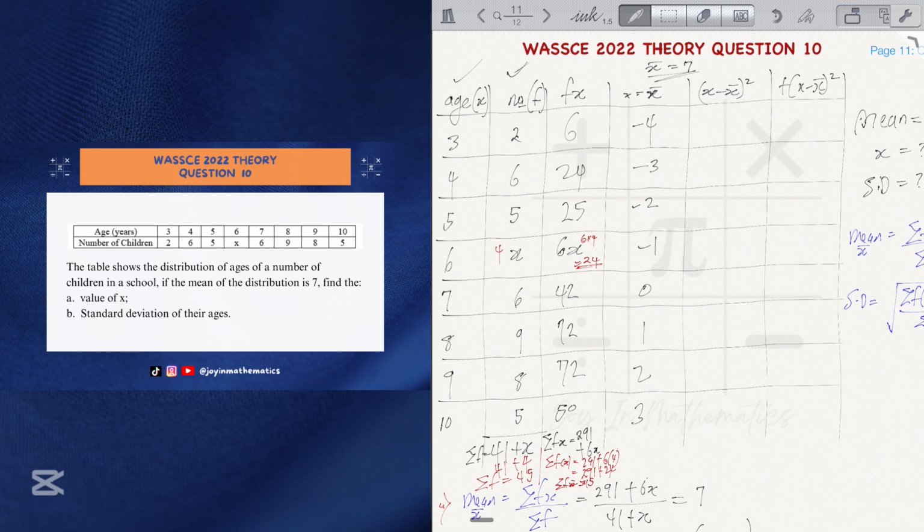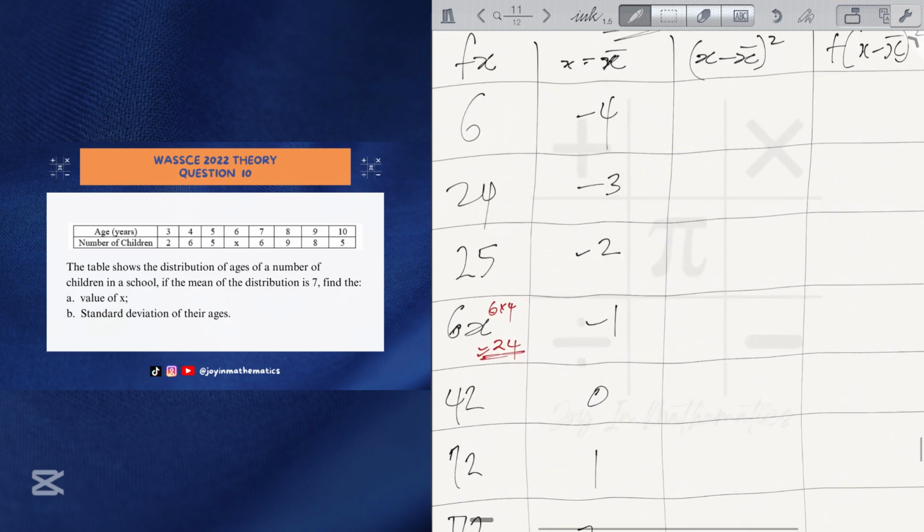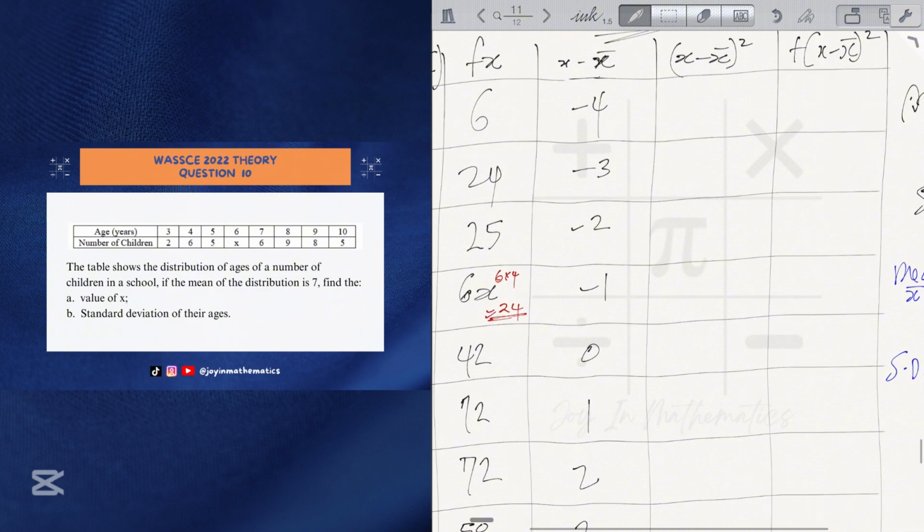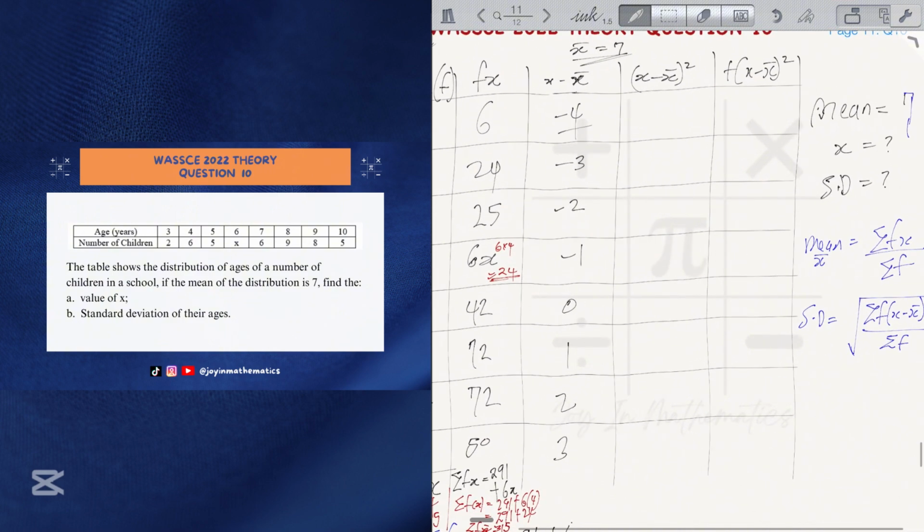Now moving on, we want to have x minus x bar squared. So we're just going to square the components of x minus x bar. So minus 4 squared, 16, minus 3 squared, 9, minus 2 squared, 4, minus 1 squared, 1, 0 squared, 0, 1 squared is 1, 2 squared is 4, and 3 squared is 9.